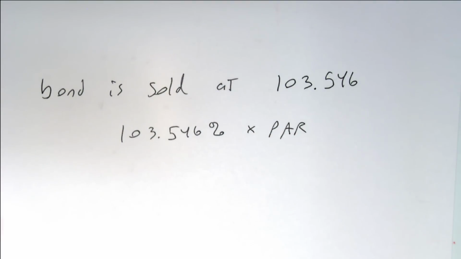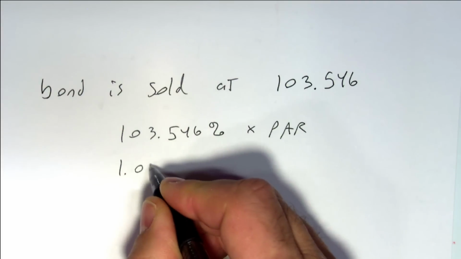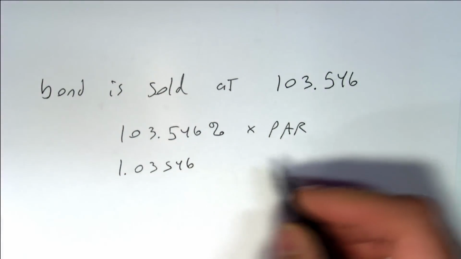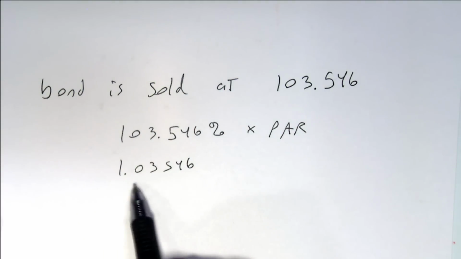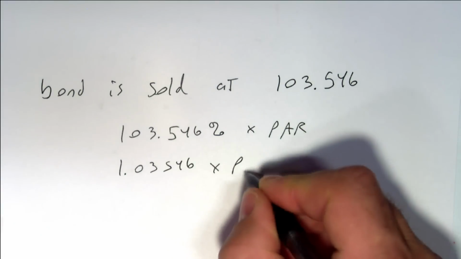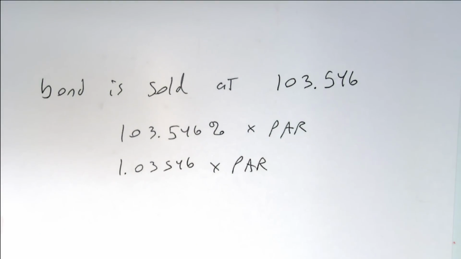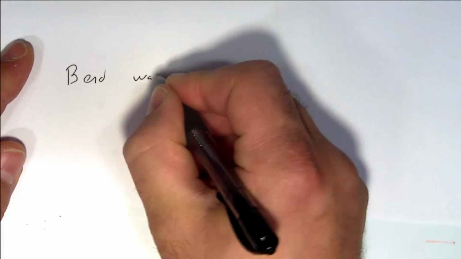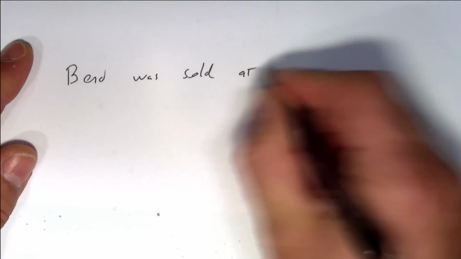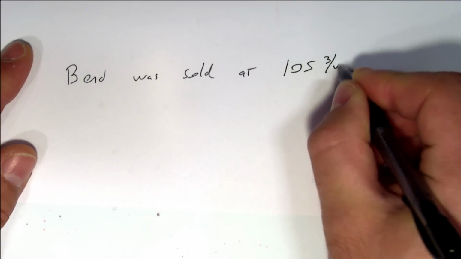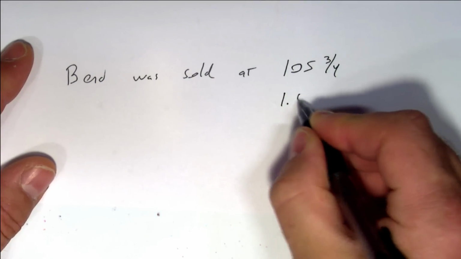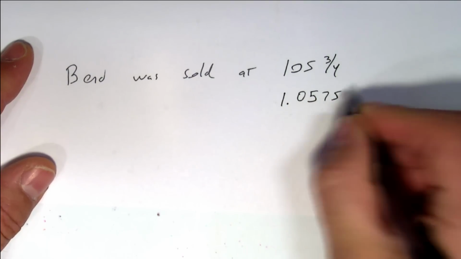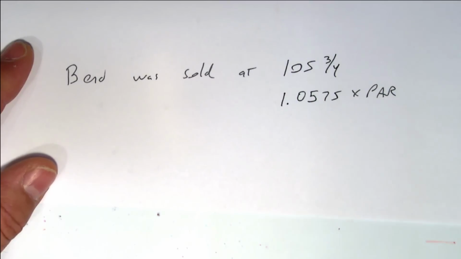If you punch that into a calculator, it's 1.03546 times par. So if I said instead the bond was sold at 105 3/4, that means the bond is sold at 1.0575 times par, which is the cash proceeds.